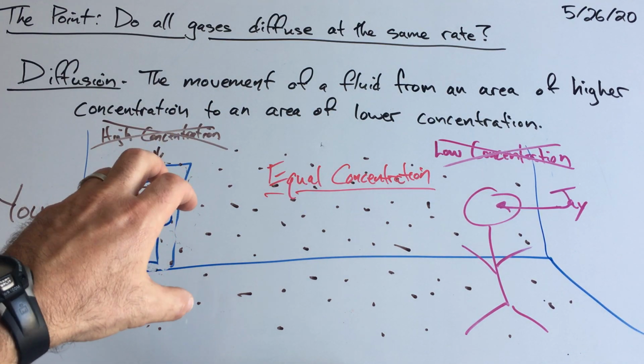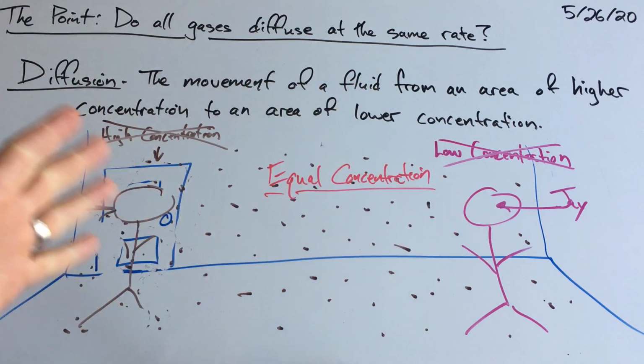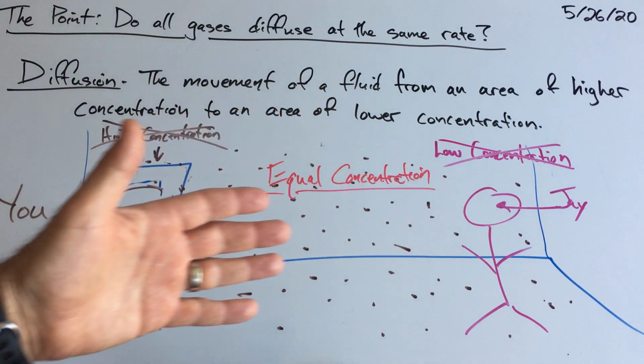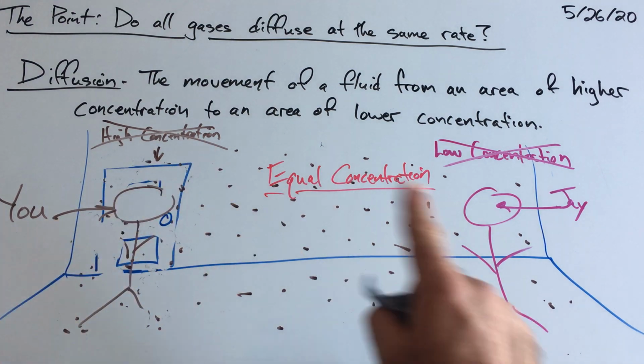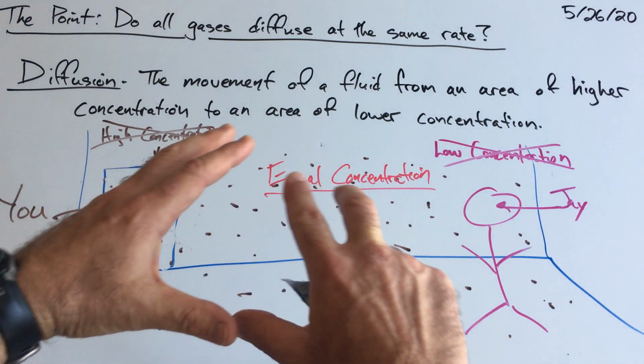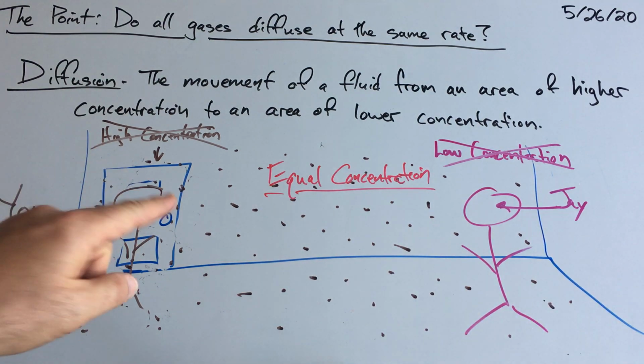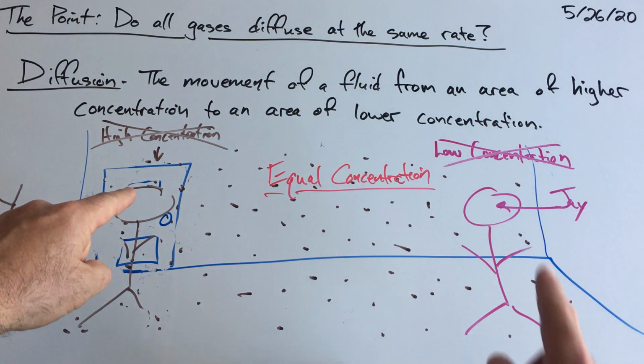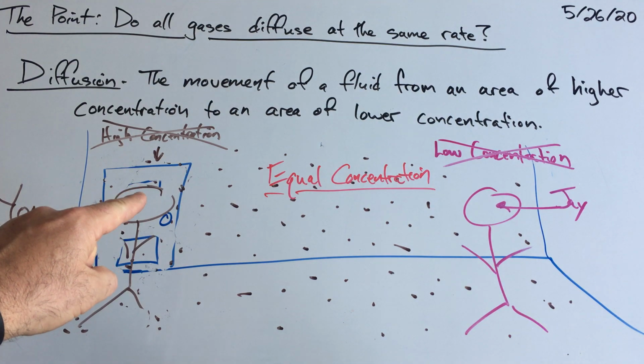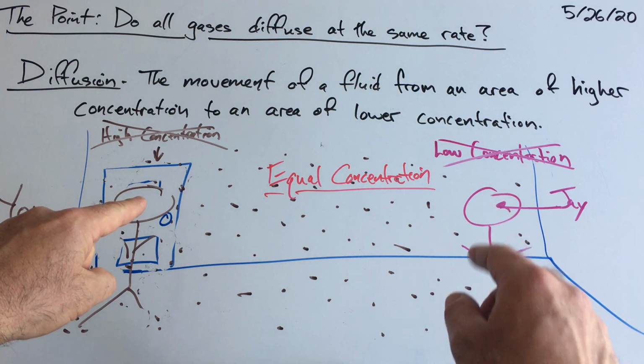Would the terrible perfume reach me just as fast as the Axe body spray reach me, right? And that's the question is, how fast do these things move throughout space? And is it standard? Does it matter what this person is wearing and how long it takes me to smell their terrible decision earlier today, right?